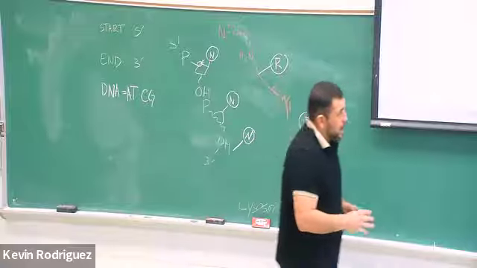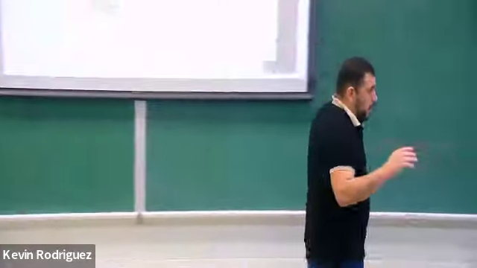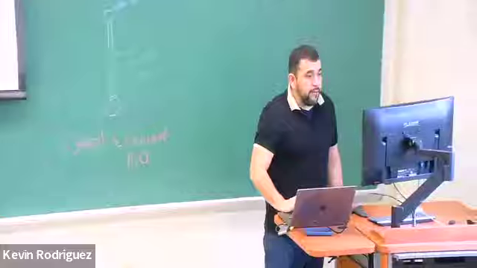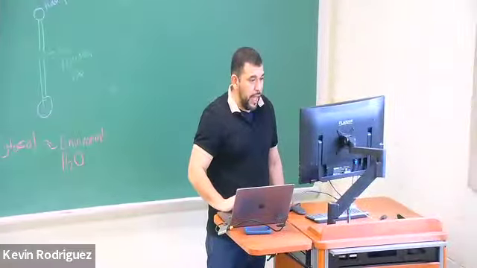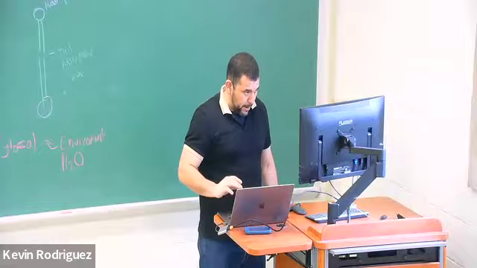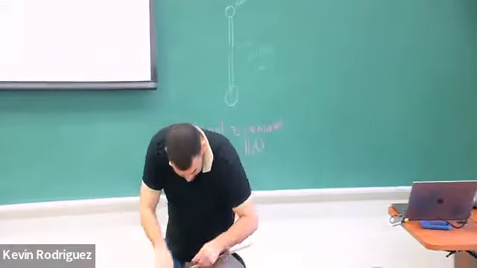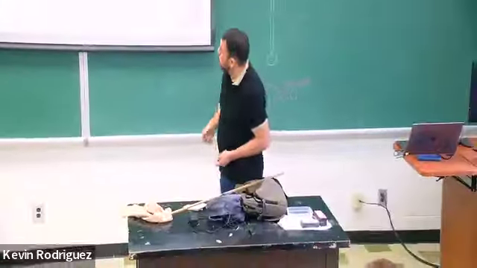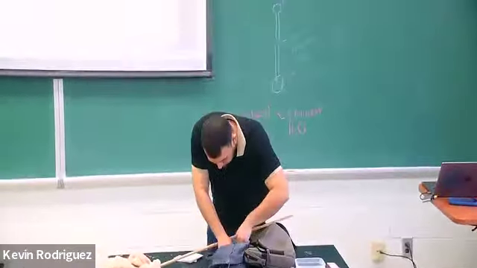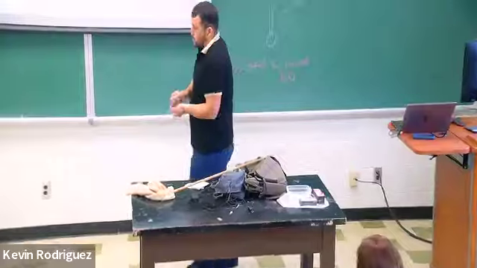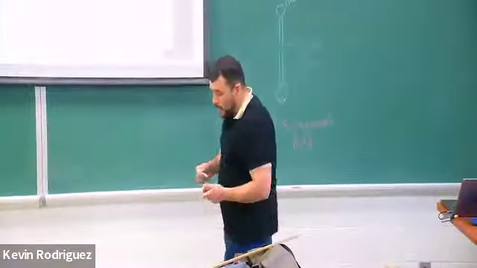Now, there are 20 amino acids with different R groups. You've got to remember only four types of amino acids, and I'll tell you exactly which ones I'm going to follow. So I'm going to draw a quick cable, an imaginary thing.